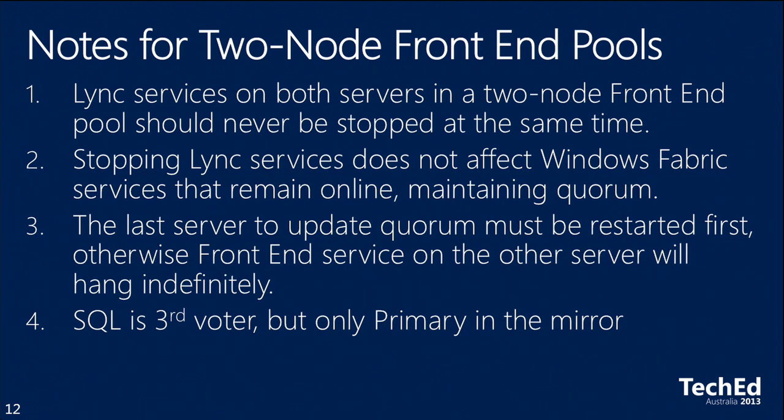The second factor is that SQL, as we noted, is the third vote in that two front-end server environment. But in a SQL environment, if you have a SQL mirror established, only the primary node counts as that third vote. So if you had a failure on your primary SQL node and witness server, and it automatically failed over to the secondary, or administratively you failed over to the secondary, that primary is offline for maintenance or some other tasks.